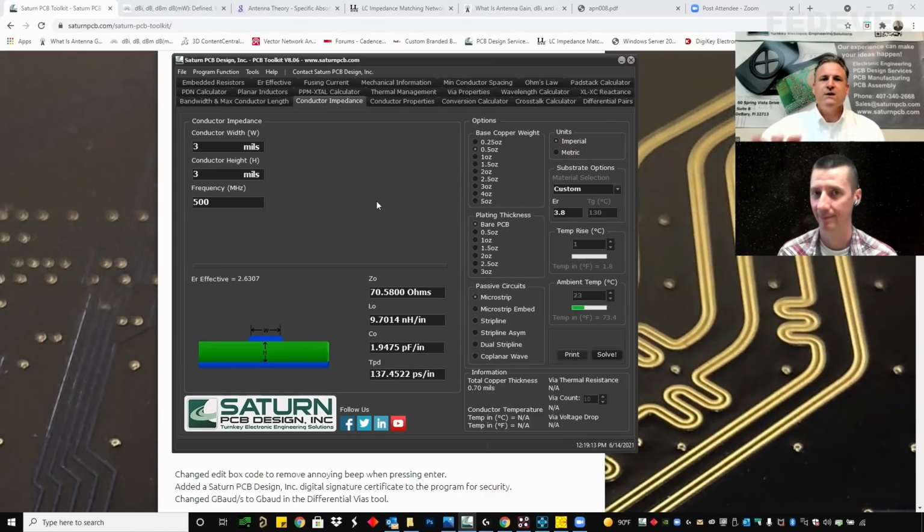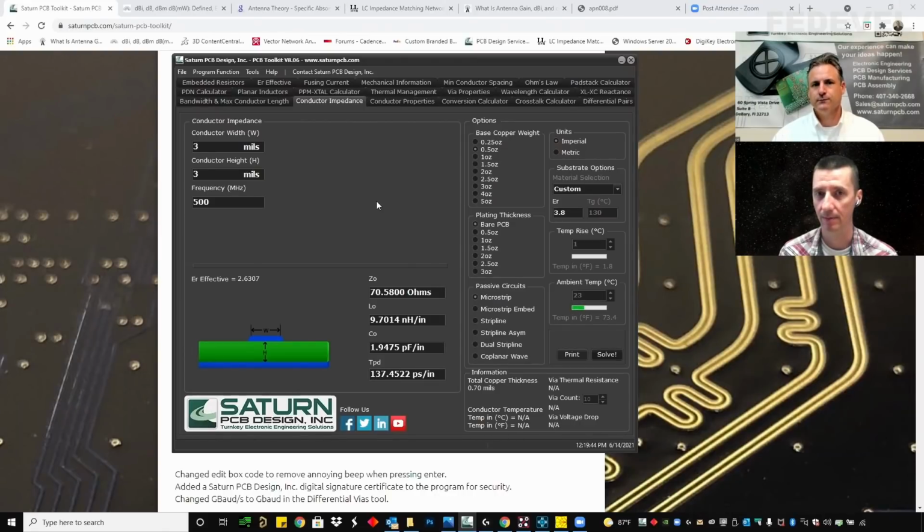None of these formulas are, these are all closed-form style formulas, so we're not doing any type of advanced EM simulation here. They're not always going to be exactly accurate to a full-blown electromagnetic simulator, but I find them to be close enough, very close. So when someone would like to calculate the impedance of a track, for example, then they can use this.